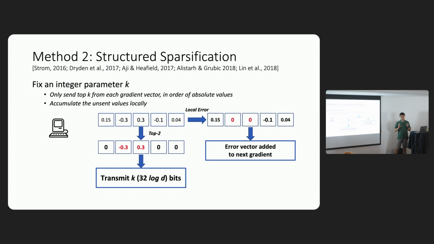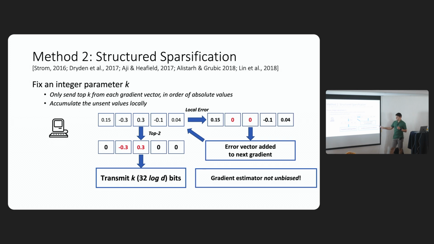Notice the important thing here is that nothing is really lost, but some things might be delayed for a very long time, and they will be averaged against new gradients that I generate in those components. This is called sparsification with memory, and it is very popular in federated learning, for instance. The key thing is that we're feeding back the error into the gradient.